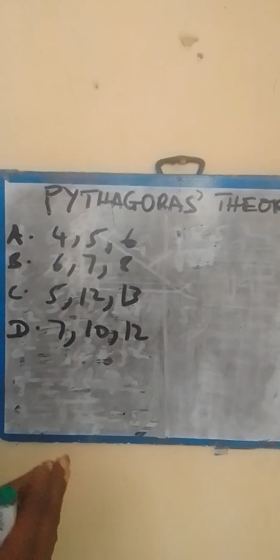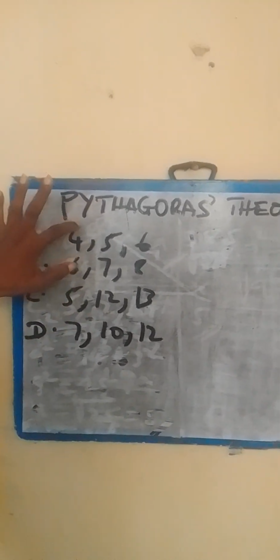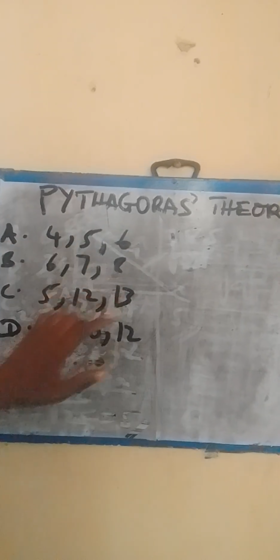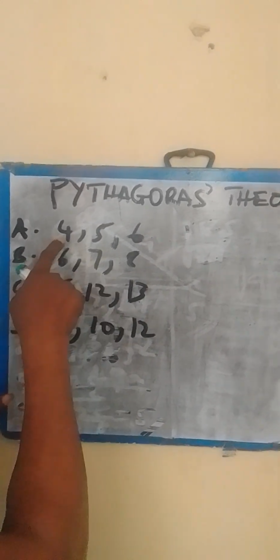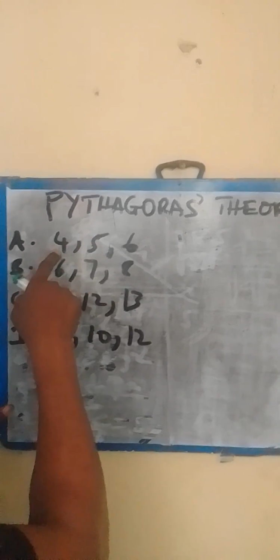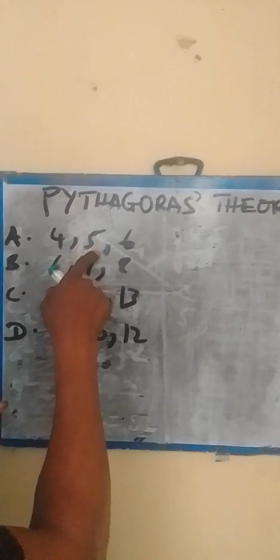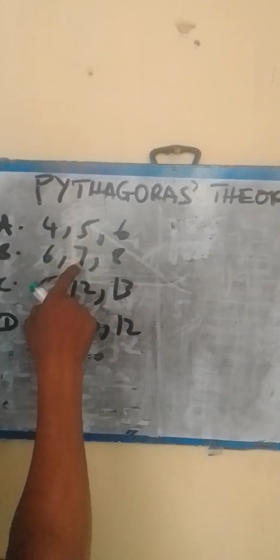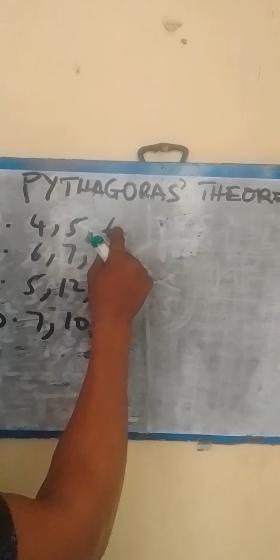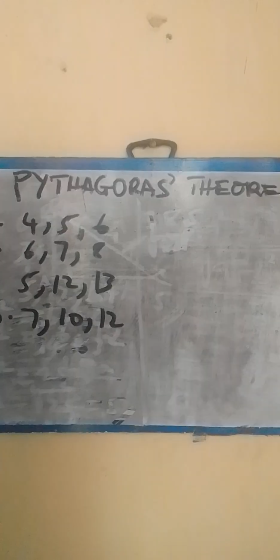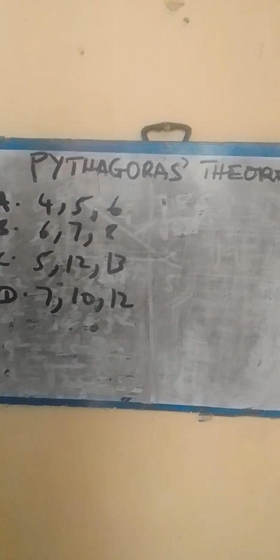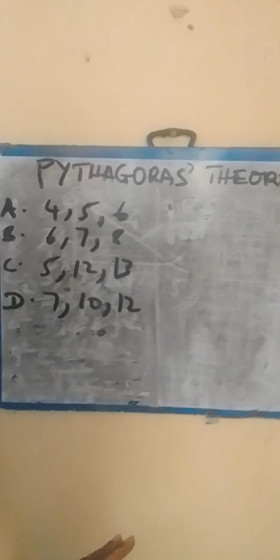Now you can see, 1, 2, 3 in each set. If you take the sum of the squares of the two smaller sides, and you square root it, and the result gives you the third number, that means that it is a right angle triangle. But if it does not, it's not a right angle triangle.